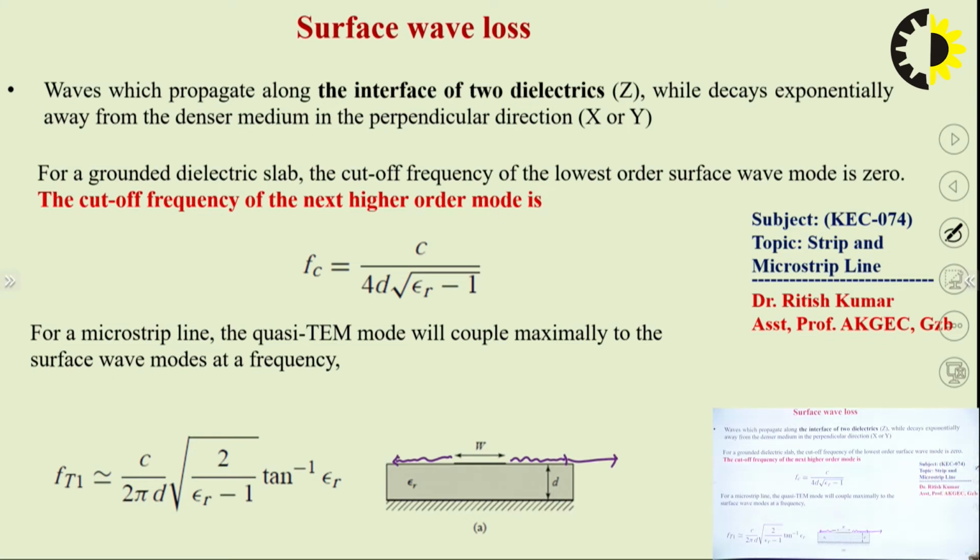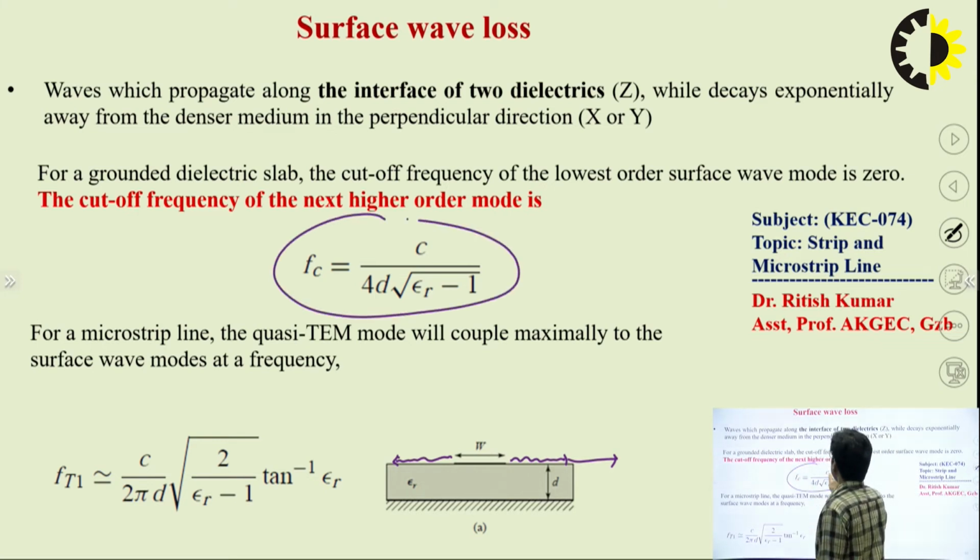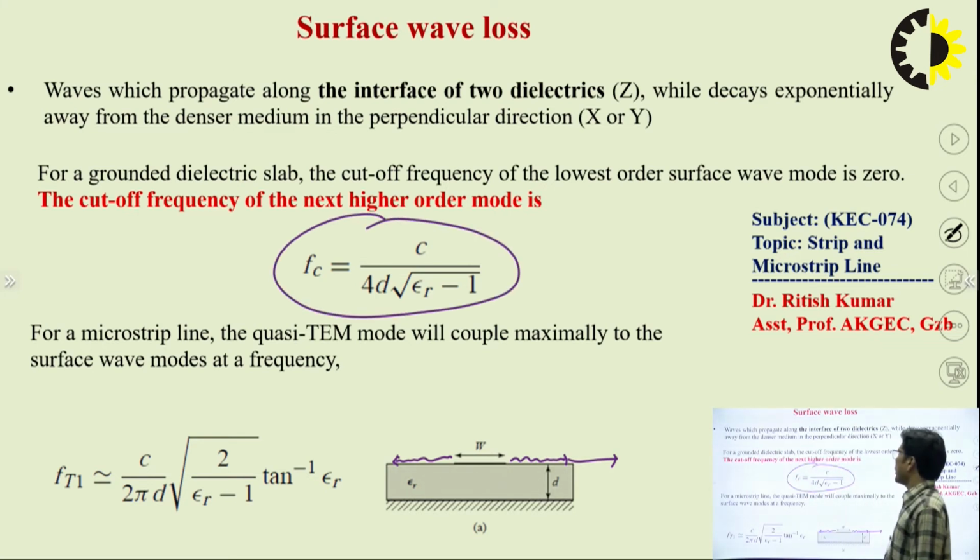For the grounded dielectric slab, the cutoff frequency of the lowest order surface wave mode is 0. The cutoff frequency of the next higher order mode is Fc equal to C by 4d under root epsilon r minus 1. So from the research point of view, this surface wave should be as low as possible.